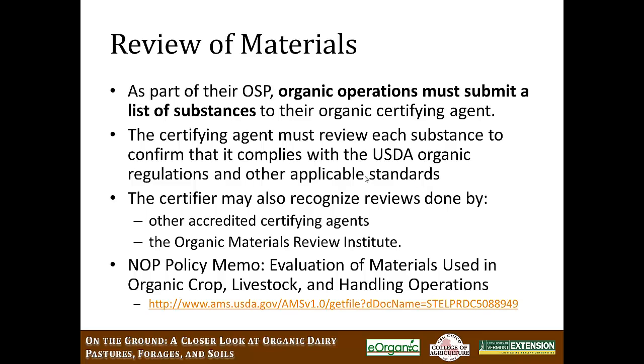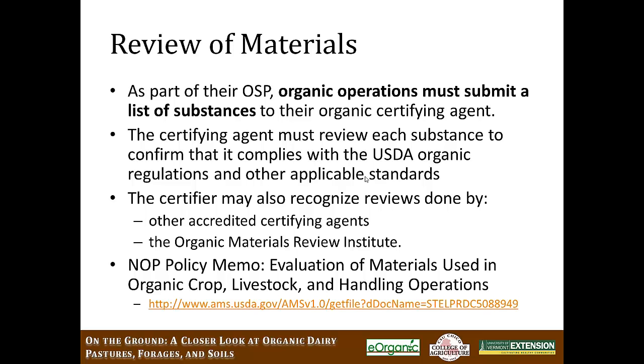The way the certifiers do these reviews is they'll go through the list of materials and they may look at the ingredients in each of those materials and then check those ingredients with the National Organic Standards National List, or they may be looking at the finished brand name product and seeing if it has already been reviewed by another third-party reviewing organization, and that could be another certifying organization, or it could be the Organic Materials Review Institute, OMRI.